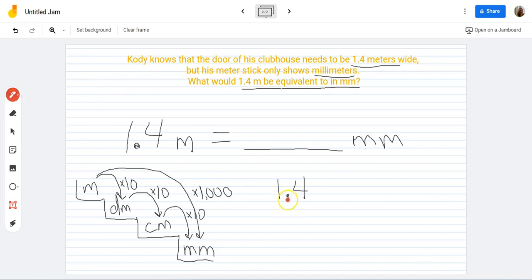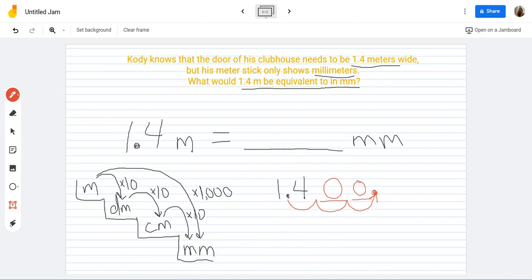We're going to take that decimal and move it over 1, 2, 3 times and place it right here. But what about these empty spaces that we jumped? Well, we know that there's a special digit that we can use to show that a place has no value. And we know that that digit is 0.